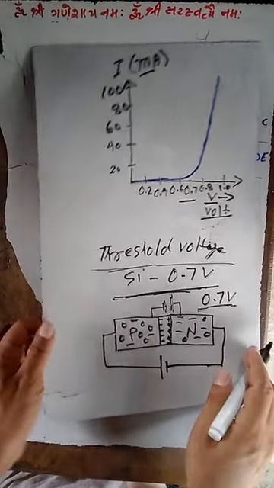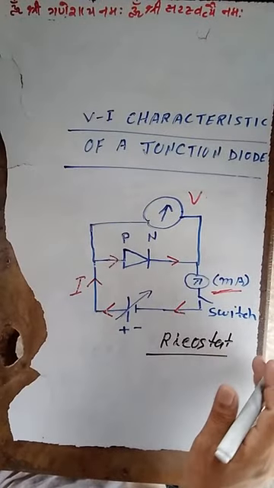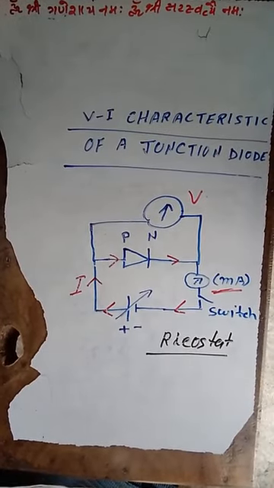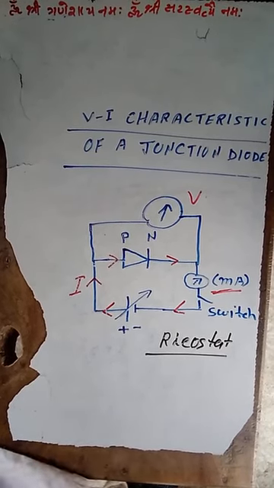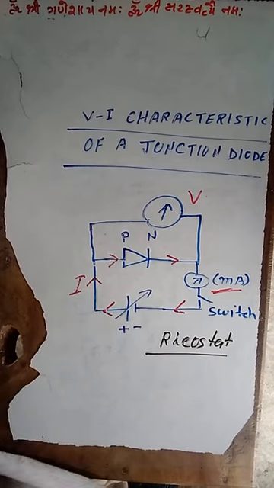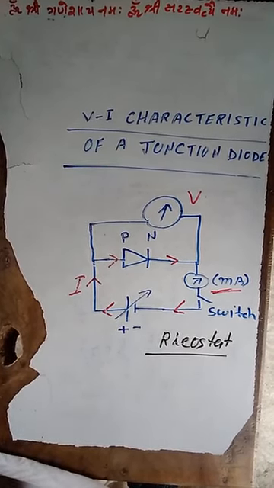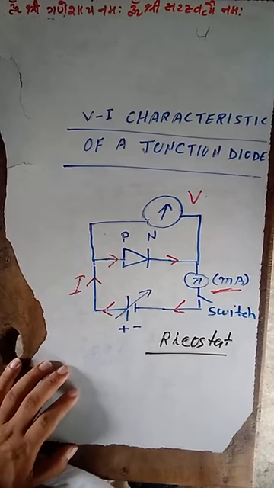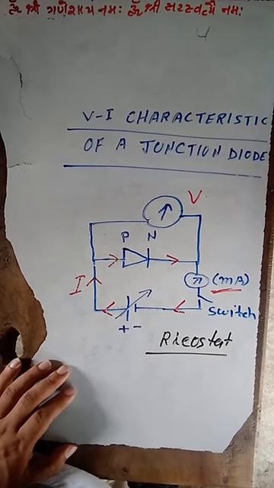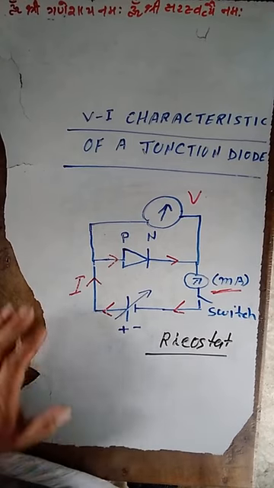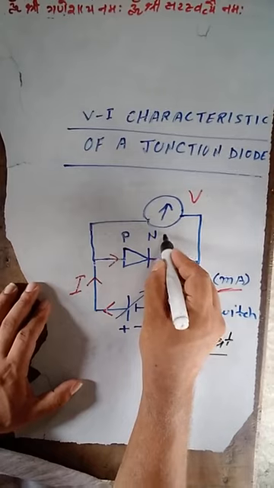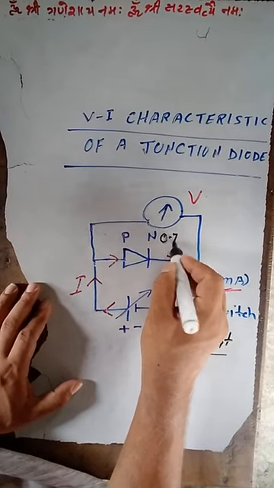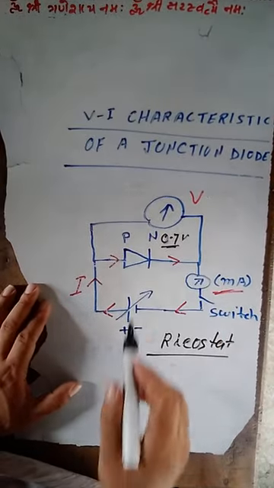That's why we don't get any value of current in forward bias unless we cross the 0.7 volt.